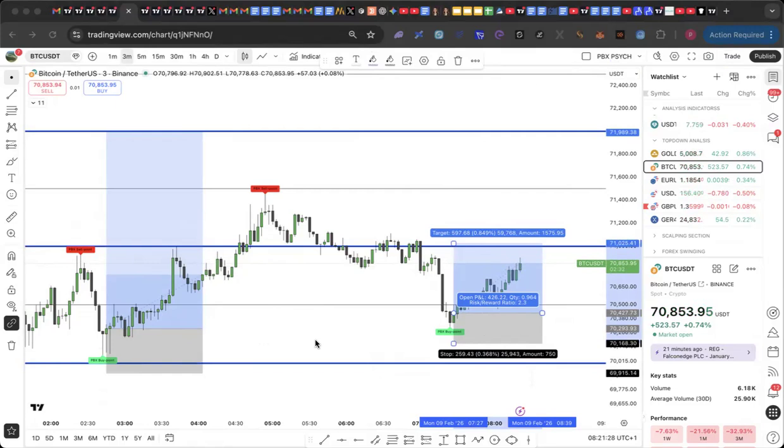Okay, so you are good. Now if the market travels to your take profit level, 597, or call it 590, multiplied by 0.02, that's going to give you about $11. And then you're good.